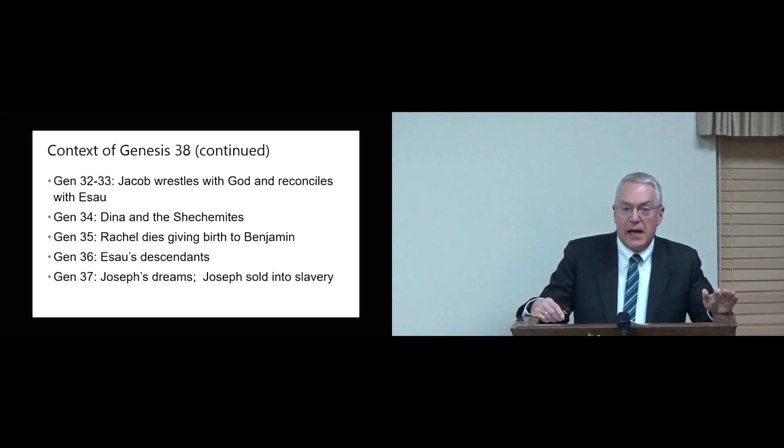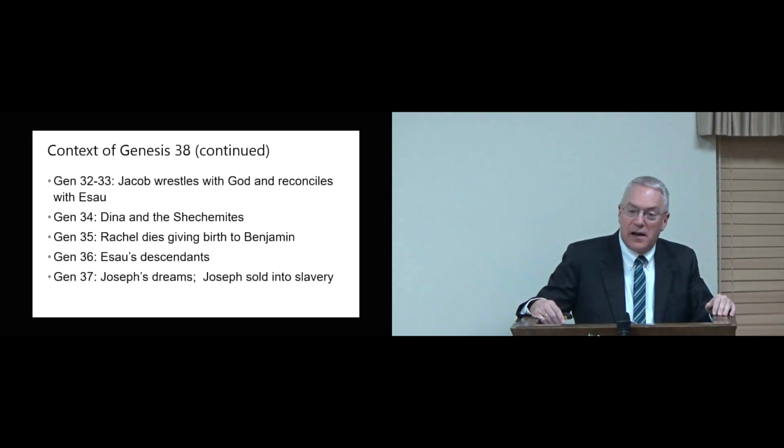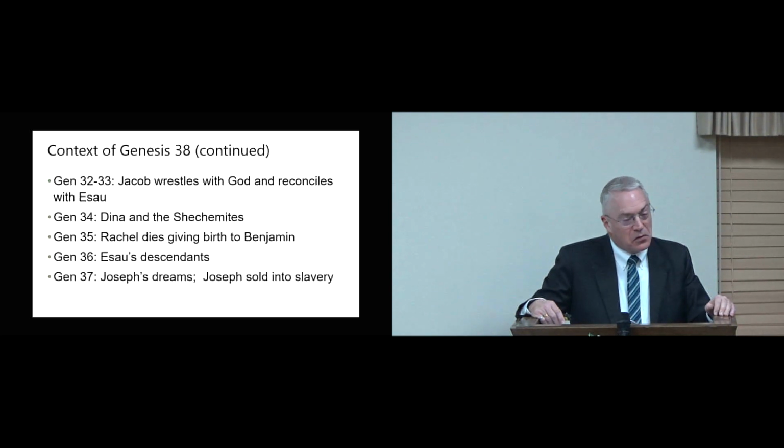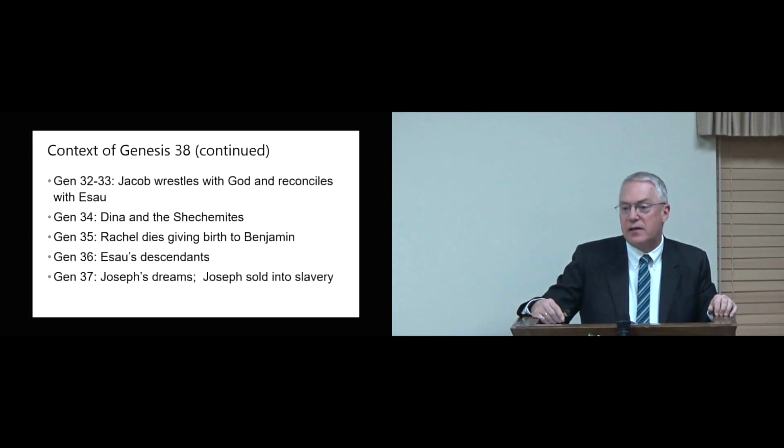And again, make a long story short, they manage to kidnap him. They first want to kill him. Then Judah says, "No, let's not do that. Let's make some money off of this guy." And so they sell him into slavery.